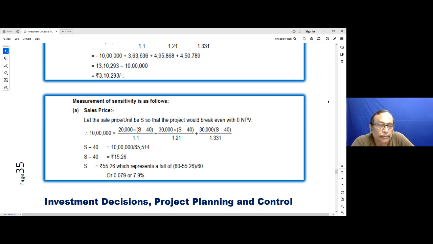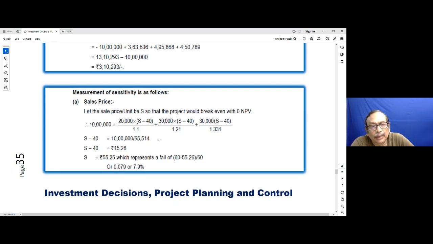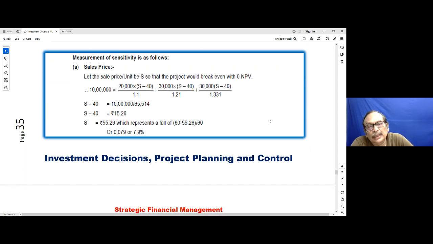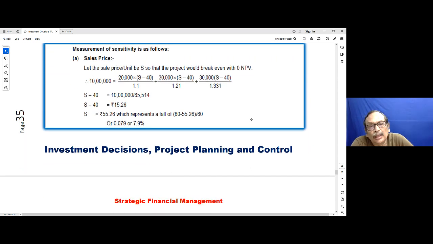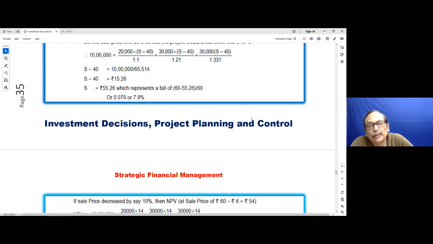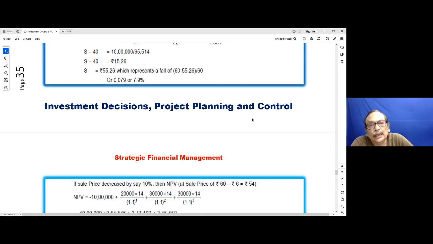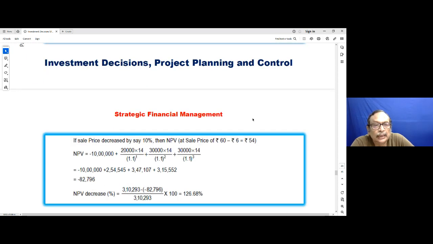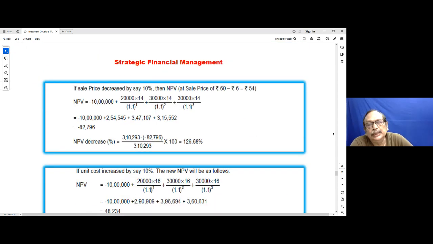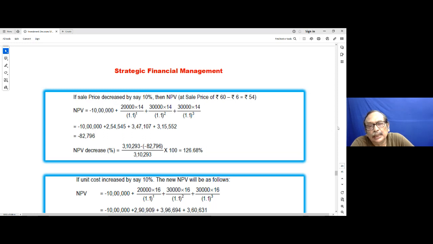So solving, we get S is equal to rupees, which represents the fall of 0.079 or 7.9%.